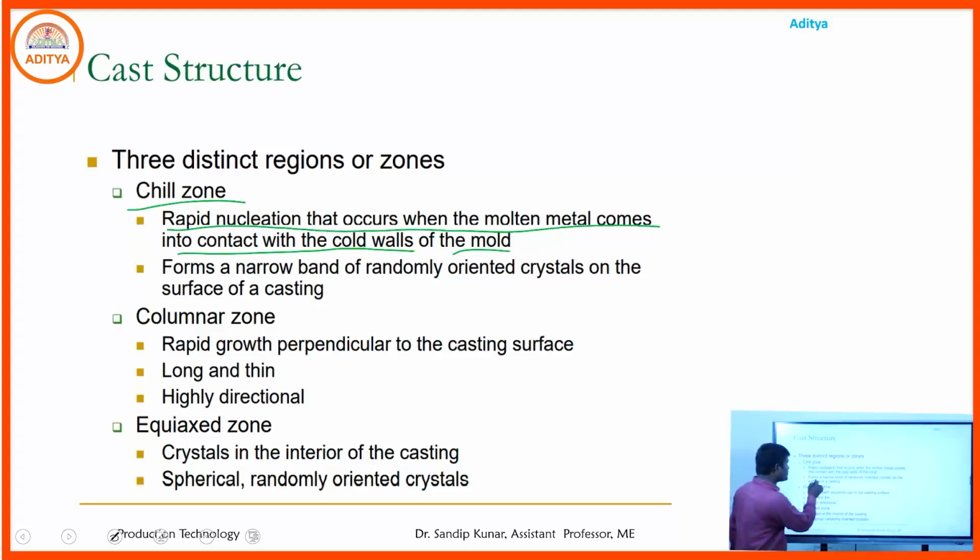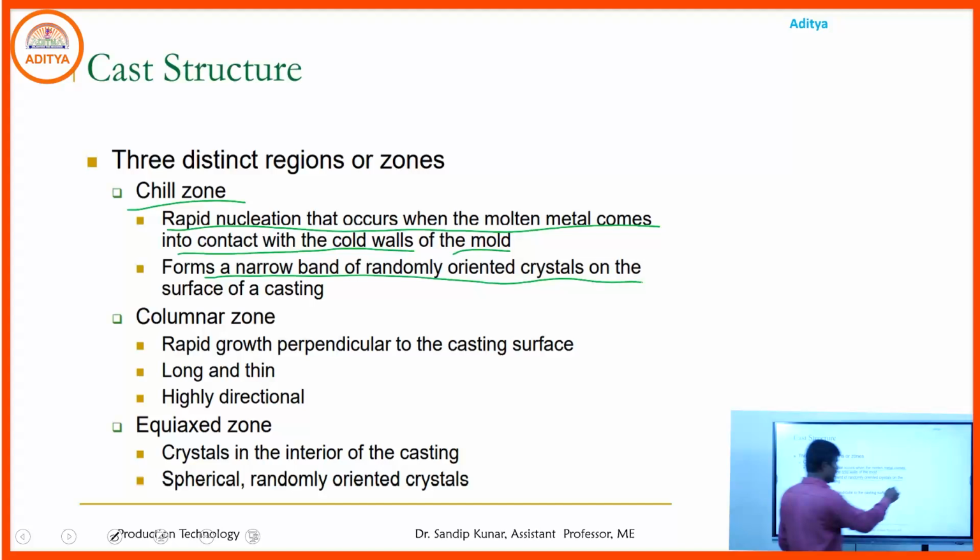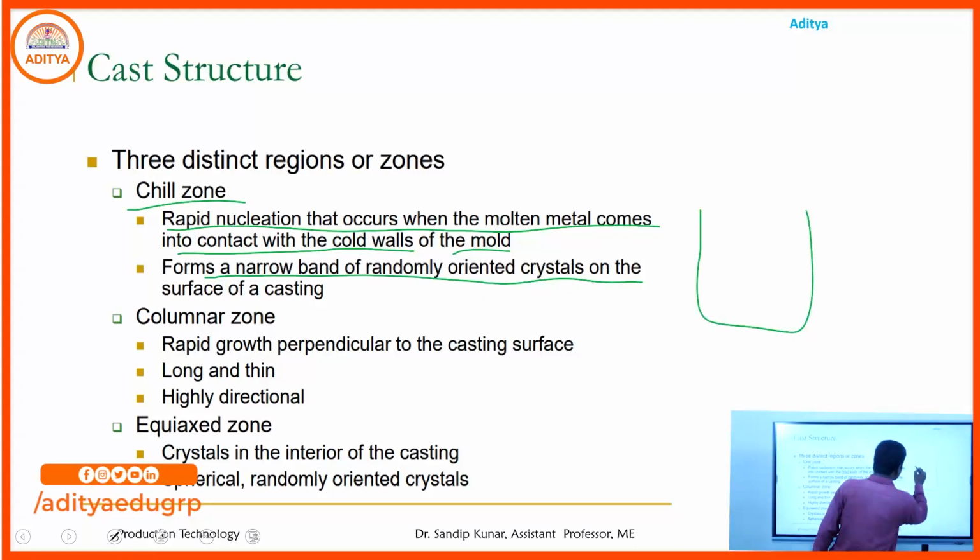It forms a narrow band of randomly oriented crystals on the surface of the casting. A narrow solidified zone is created across the mold surface.